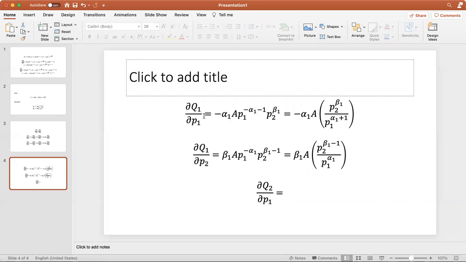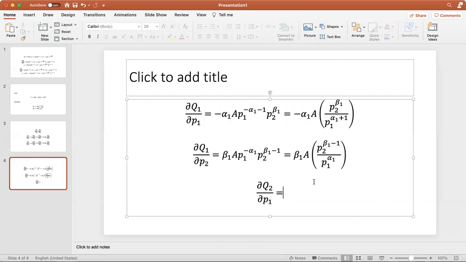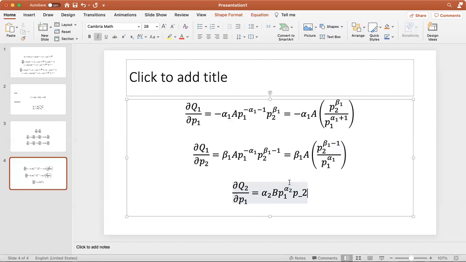The second equation, wherein the alpha is positive and beta is negative. So P1 is basically alpha 2 B, P1 alpha 2, and P2 is raised to negative beta 2 minus 1.